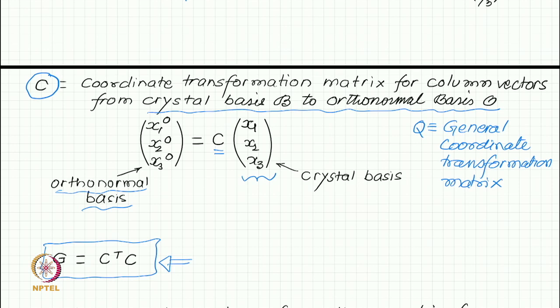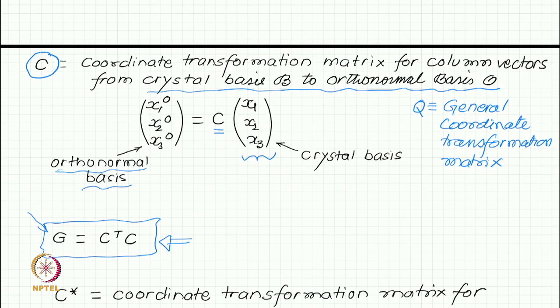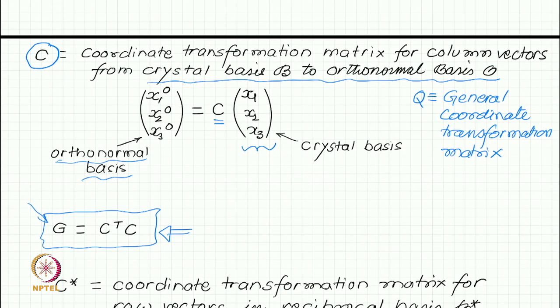Similarly, all 9 terms are written very simply for G. You will not use this equation to determine G from C, unless it so happens that you know C and not the lattice parameters. Otherwise it is not a calculational recommendation, but it is an important relation which simplifies many algebraic calculations and can be used for establishing many properties, which we will see soon.